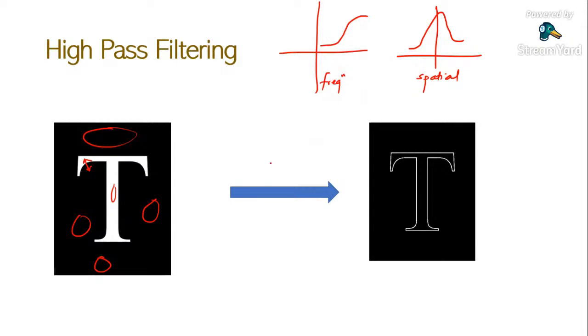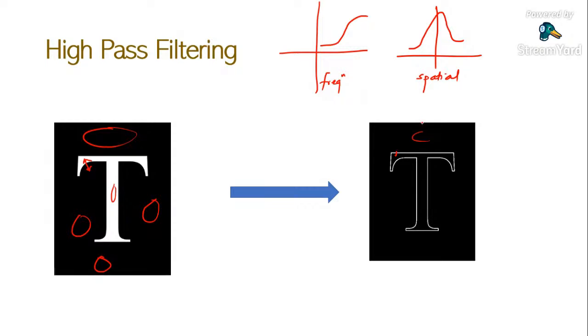This is the output: it will remove the low frequency, and only the drastic changes or edges are shown. Here you can find this is the edge, called the high pass region. So what is the use of high pass filtering? It will highlight the edges, the important things. So edges are highlighted by using a high pass filter.